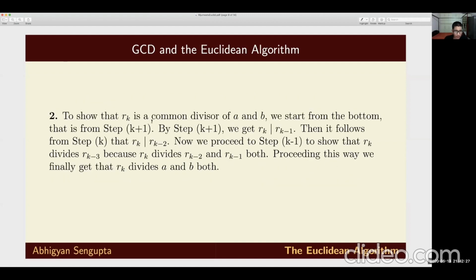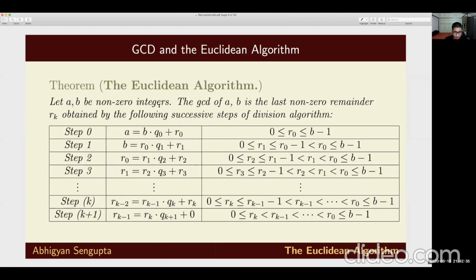Coming to the second statement, where we need to prove that Rk is a common divisor of A and B. In order to prove this, we start from the bottommost step of the division algorithm. Here, one can clearly see that Rk divides Rk minus 1. So moving on to the preceding step, as Rk divides itself and Rk minus 1, it divides the right-hand side of the expression and also divides Rk minus 2.